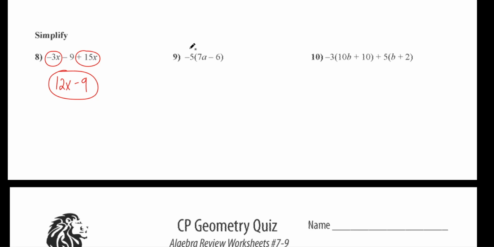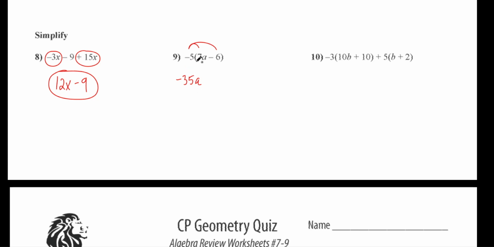Let's do this. Give me a good math word right here. What do we do with that negative 5? Distribute. Good. That's the math word that I wanted. All right, so it means you multiply it. Multiply everything in the parentheses times a negative 5. So let's do it. Negative 5 times 7a. So what's negative 5 times 7? It's negative, right? Because negative times a positive is a negative, what? 35a. Good. Now, you got to be careful on this one.